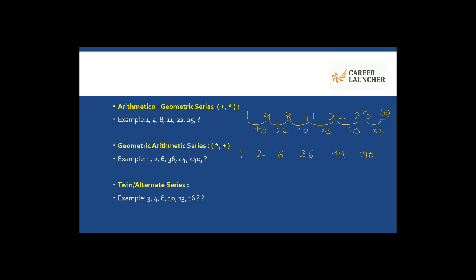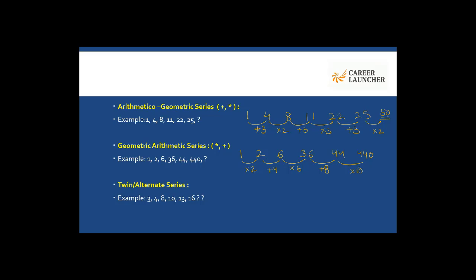If we check it closely, 1 into 2 is 2, 2 plus 4 is 6, 6 into 6 is 36, plus 8 is 44, into 10 is 440. So here we are seeing alternate multiplication and addition, but not by a constant term.